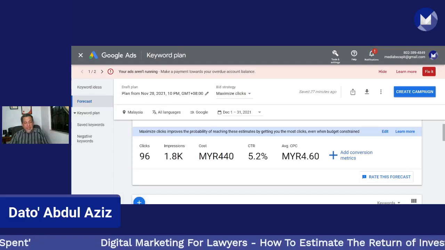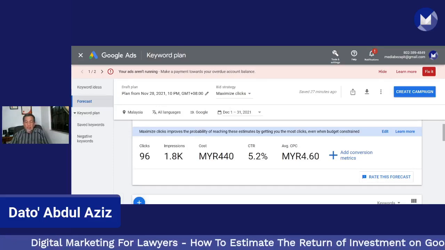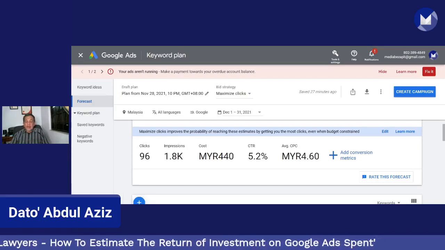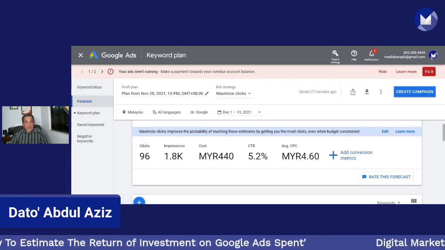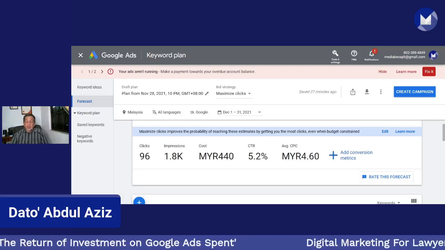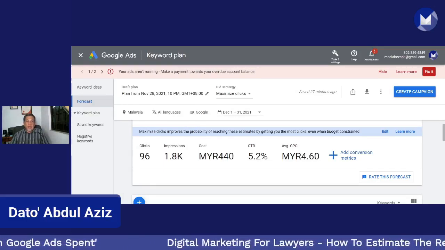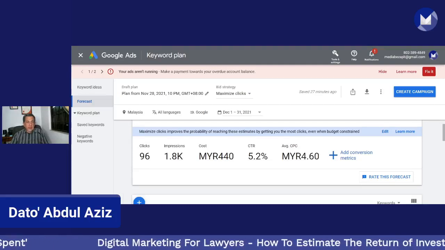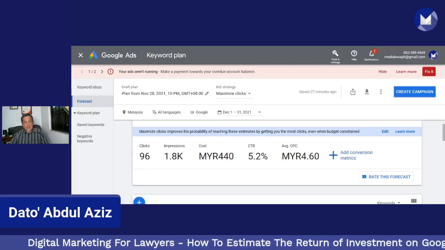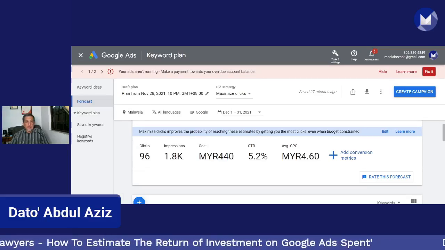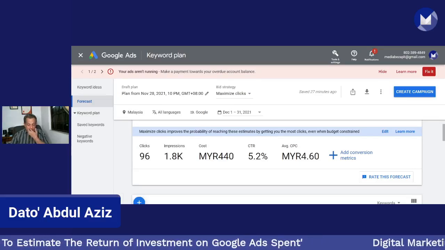Now, how do we make an estimate of how much revenue you will get from the 15 conversions? Assuming you created a landing page, where everybody who clicks on your advertisement goes to a page which has a form for them to fill up to get an appointment to see you.